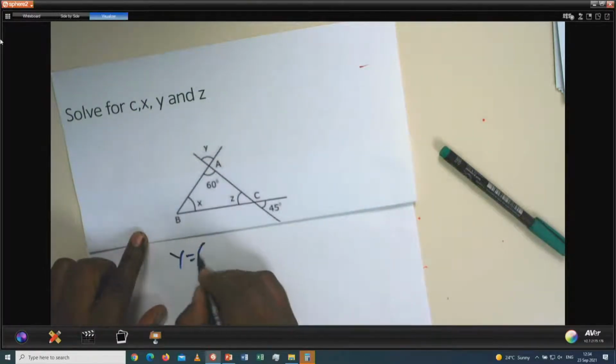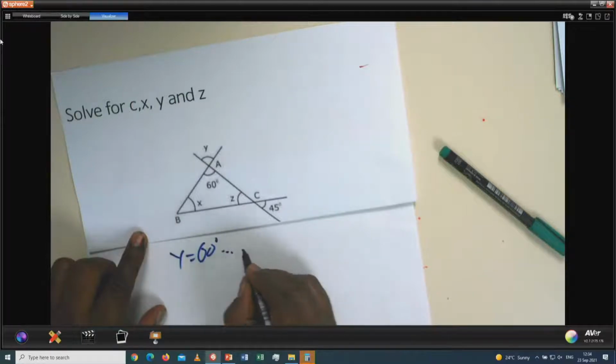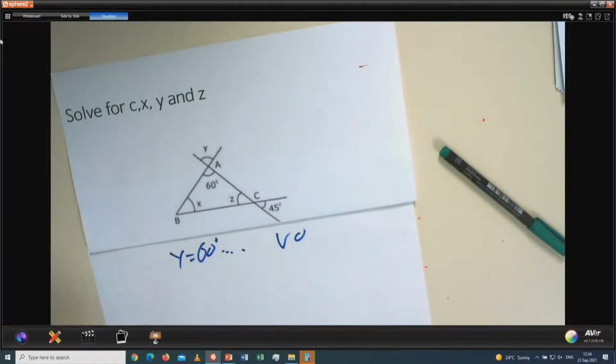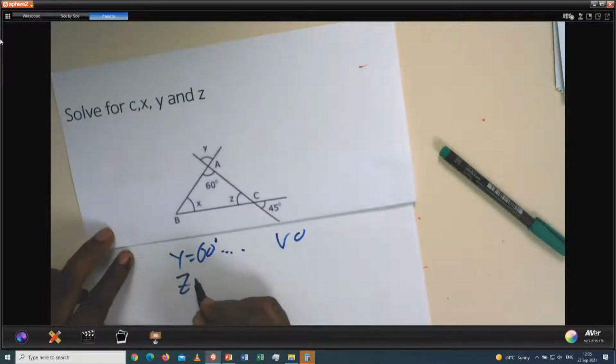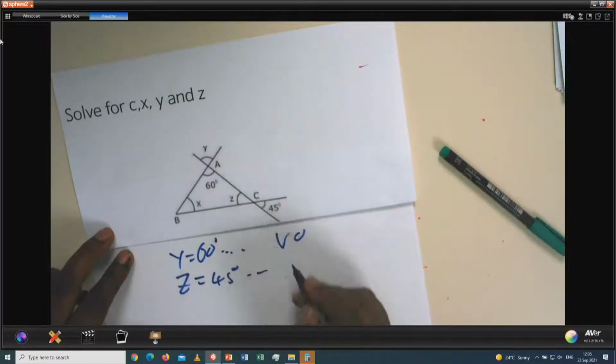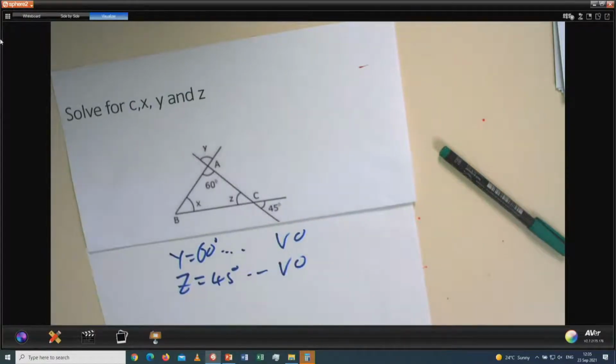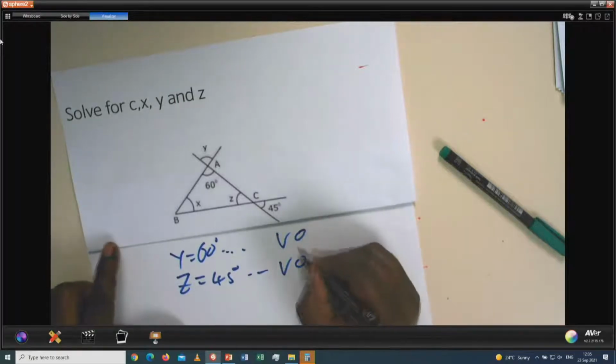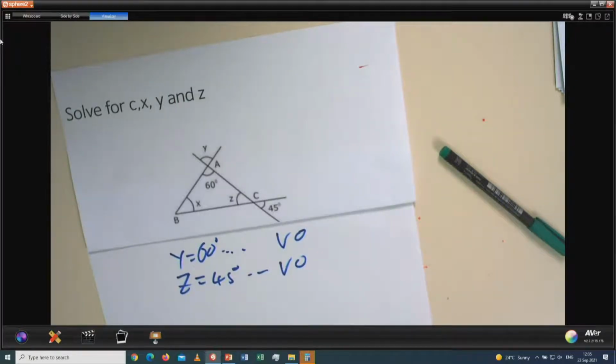Y equals 60 degrees. What is the reason? Vertically opposite. That is sorted. Z equals 45 degrees. What is the reason? Vertically opposite. So it's important to know the language, and just tell us what is in front of you. Now we're looking for X.